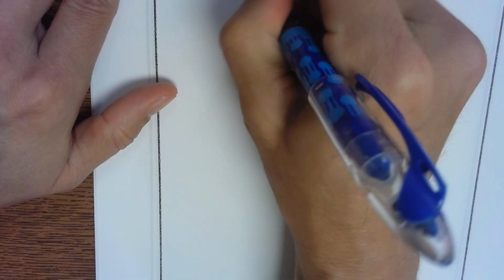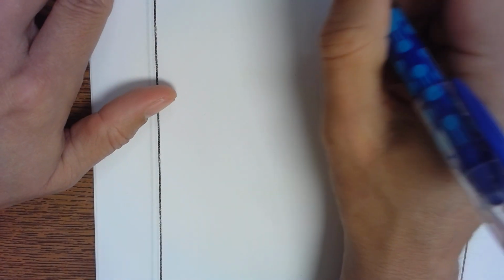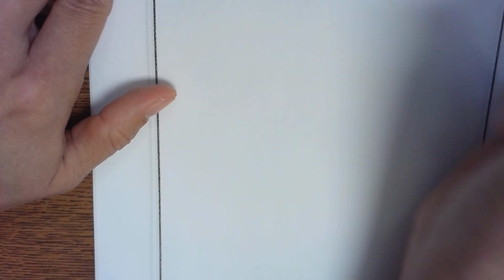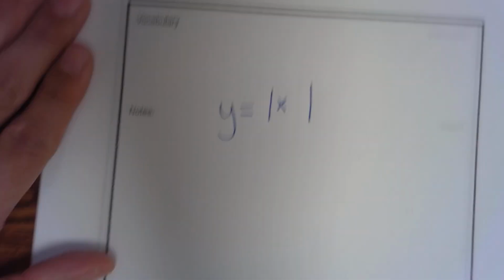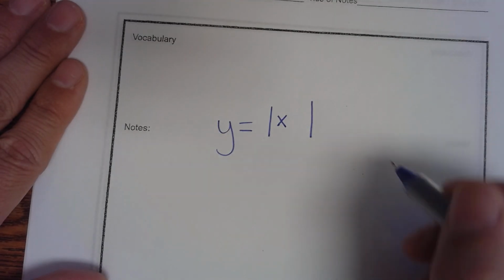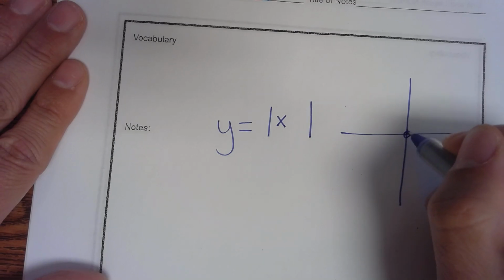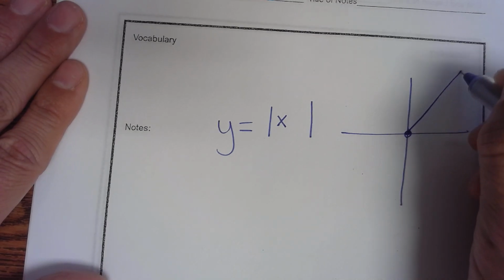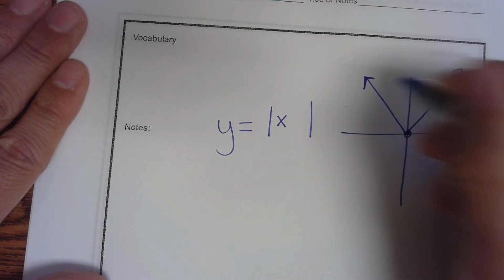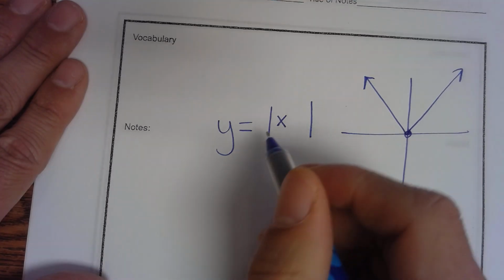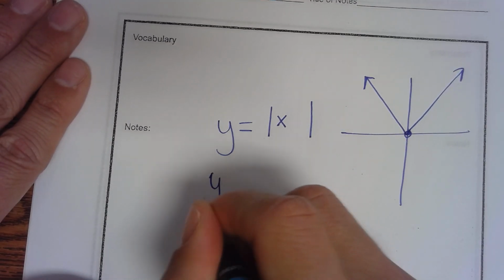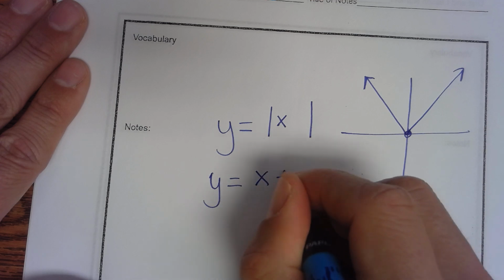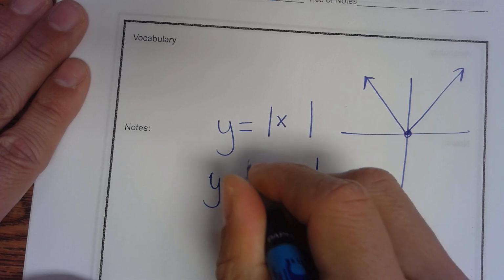Now, this is going to look confusing at first, but when you have an absolute value, this is like your normal graph. This is a graph where it starts at 0, 0, and it goes pretty much up 1 over 1 the whole way through. Okay. When you put a number inside the absolute value, the graph itself is going to shift.